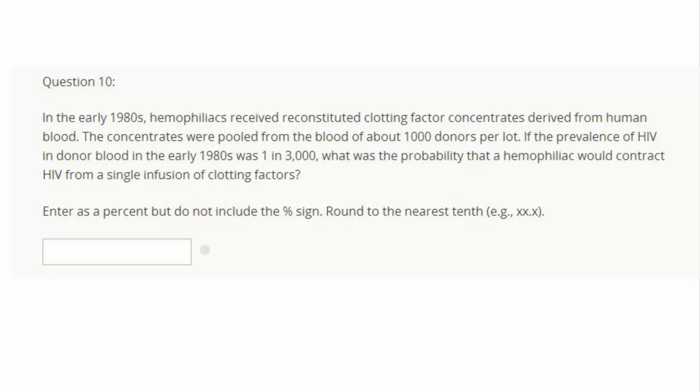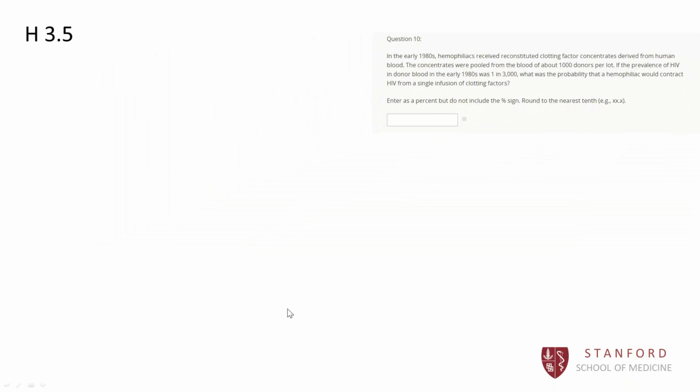Okay, the concentrates were pooled from about 1,000 donors per lot. If the prevalence of HIV in this donor blood was about 1 in 3,000, what was the probability that a hemophiliac would contract HIV from a single infusion of clotting factors?